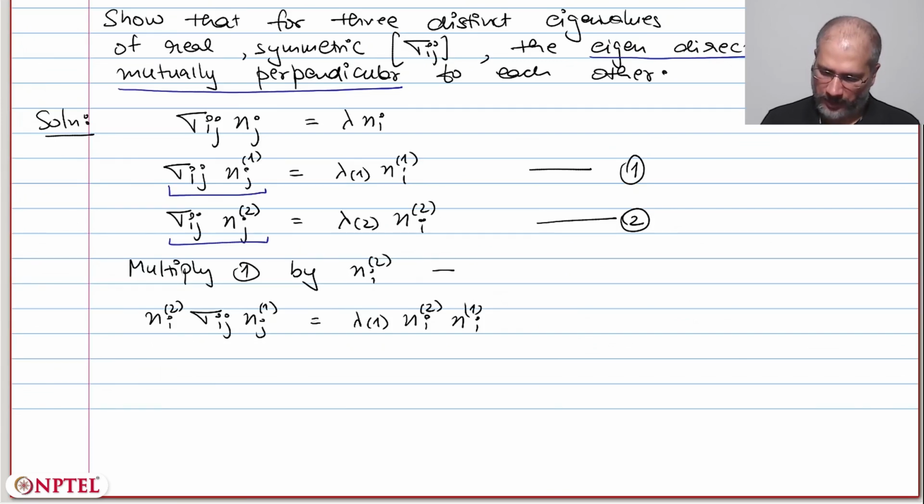I will prefer to write this as sigma ij first, then n1j and then n2i. This is just for convenience to visually see that the terms will be the same. The right hand side remains lambda 1 times, I'll write the n1 first again for convenience, n1i times n2i. So let's call this A.